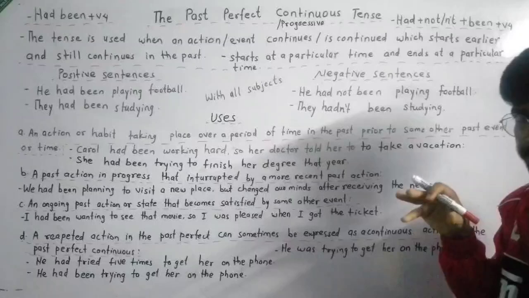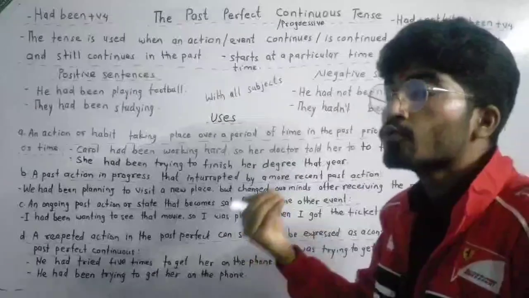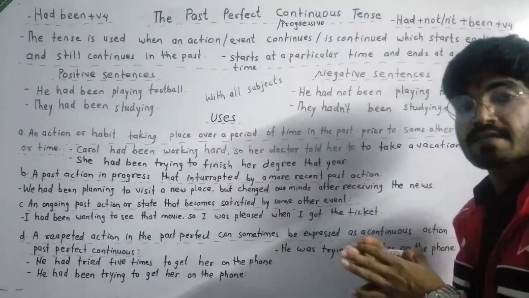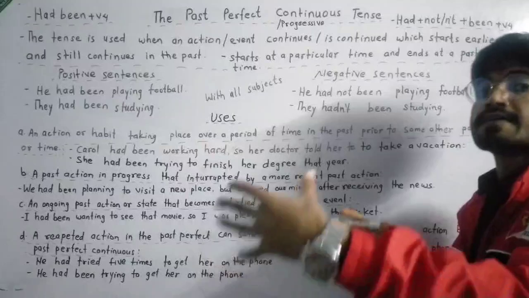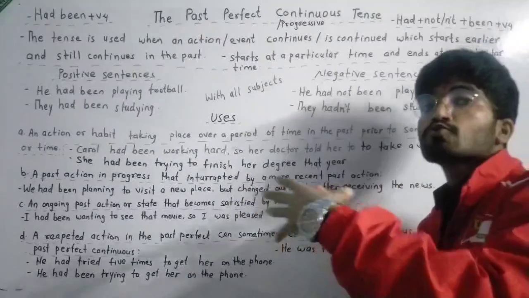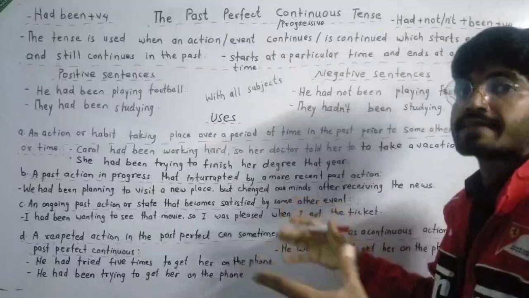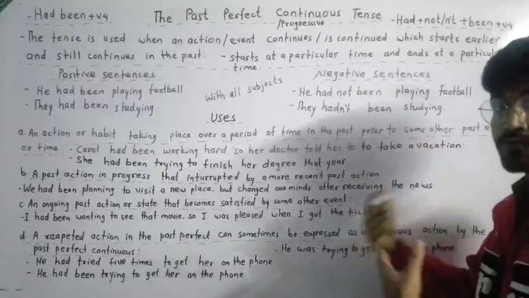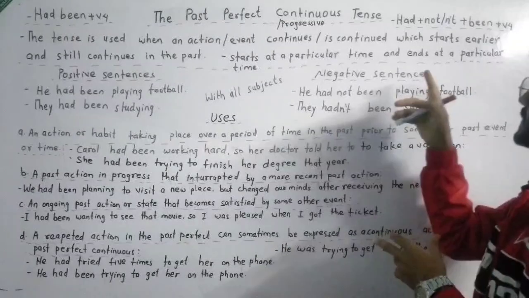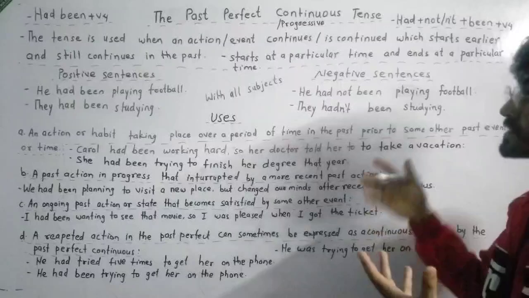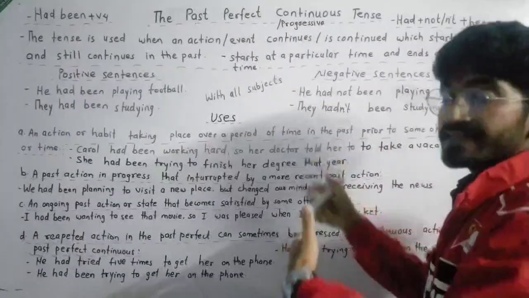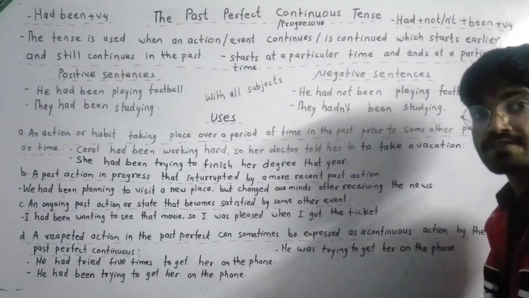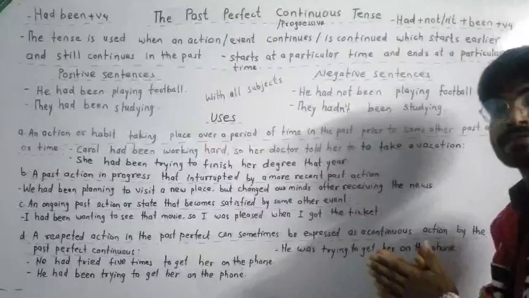Basically the main theme of this tense is to show a duration in the past. Something started earlier and is still going on in the past. Something starts at a particular time in the past, and something ends at a particular time.